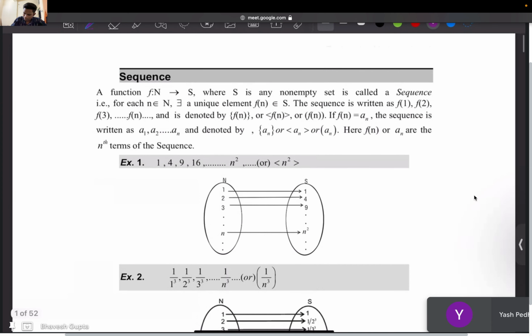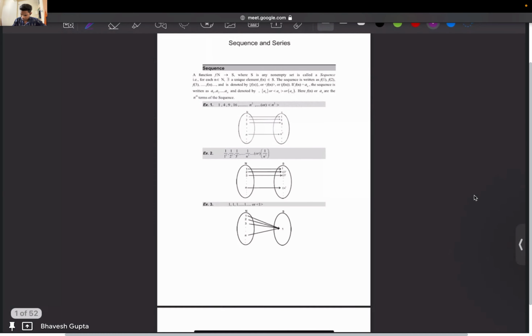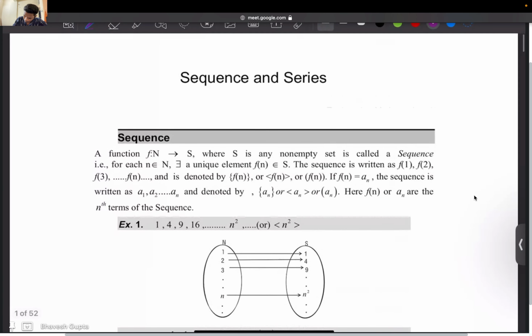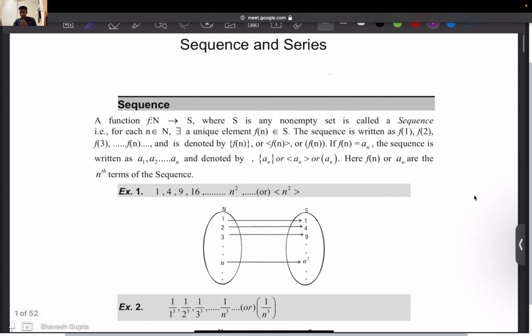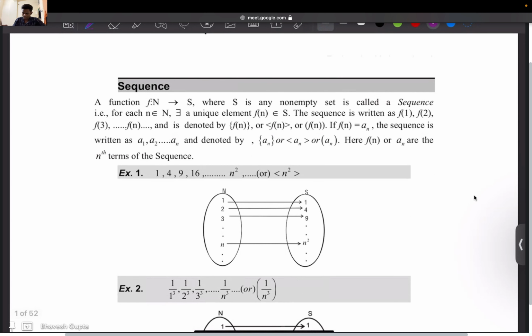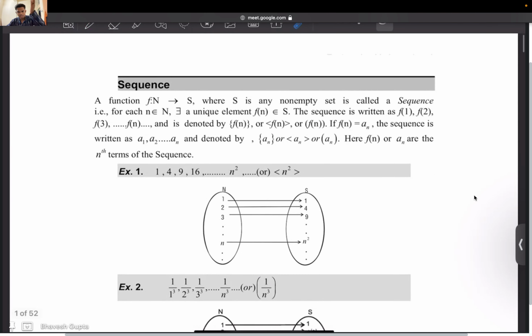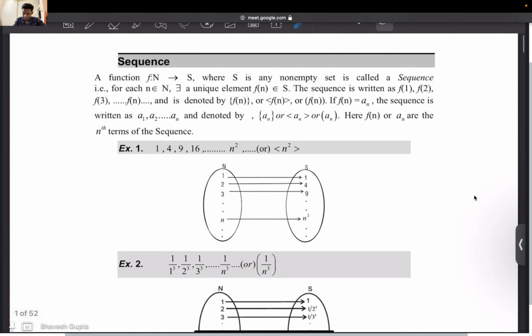Basically, it's a function in which the idea is that the input is integers, especially the positive natural numbers, which we map using these natural numbers to the right hand side, where you can see over here.